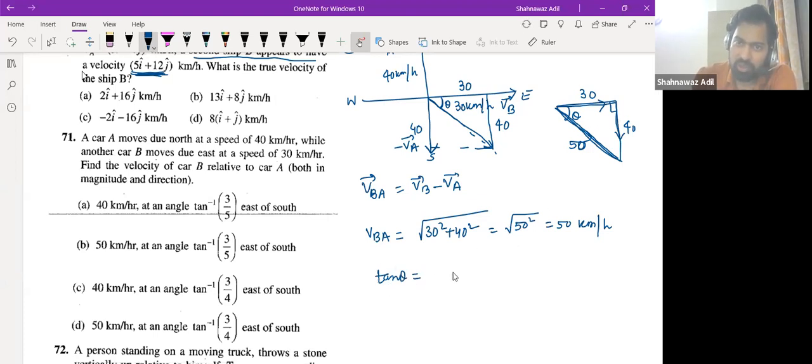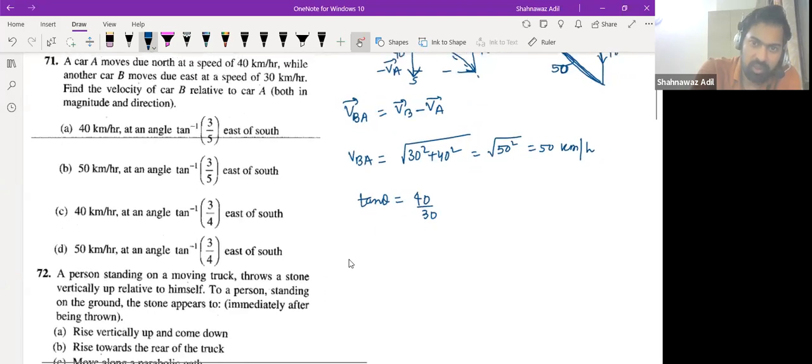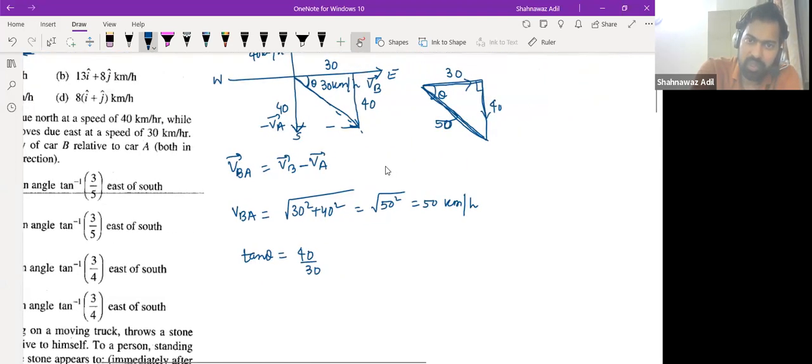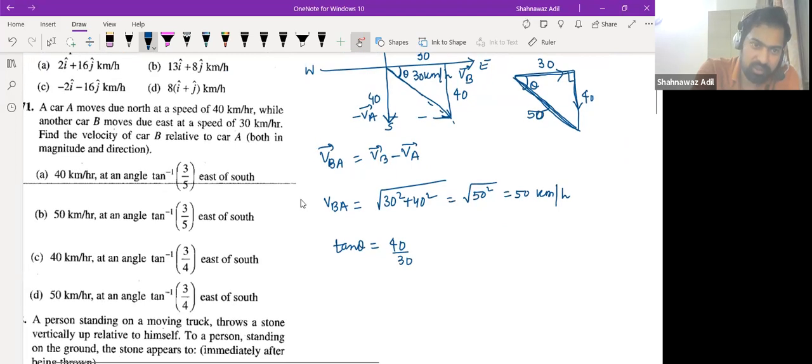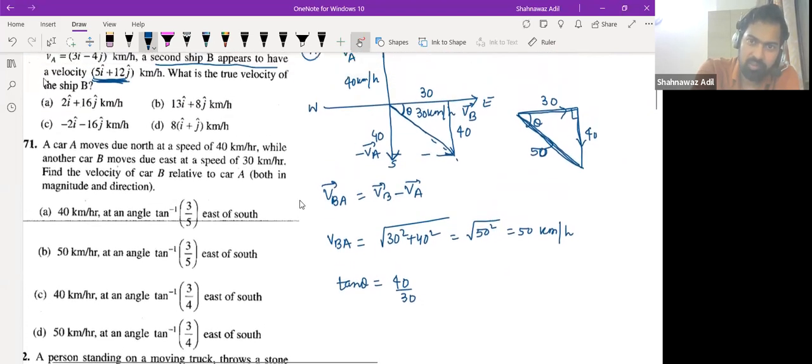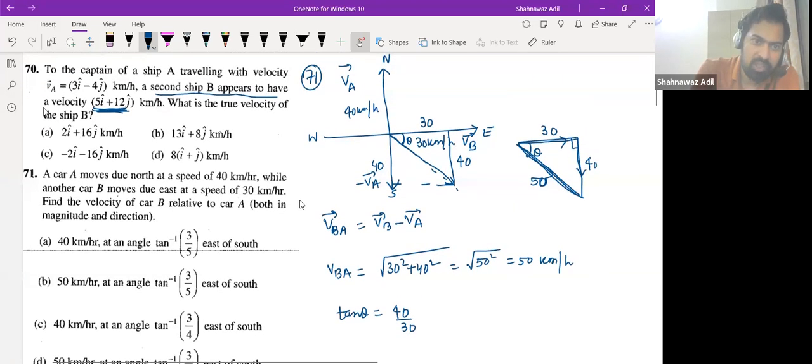Now the direction: this is in the north and this is in the east, and we are calculating the velocity of car B relative to A, so this would be downwards, and this is theta. So this is theta, which is 4 by 3.